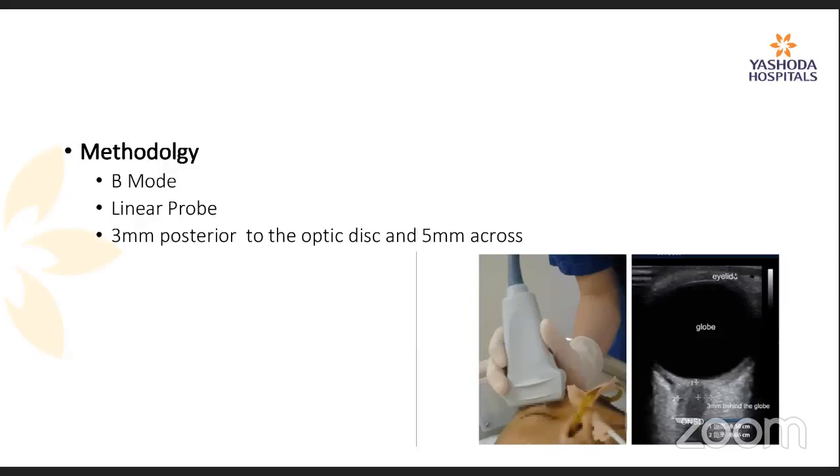While resting on the closed eyelid with minimal pressure, so that it does not increase the optic nerve sheath diameter because of the pressure, we measured the optic nerve sheath behind the optic disc, in the cross section around 3 mm behind the optic disc, from end to end. This is how we measured it.